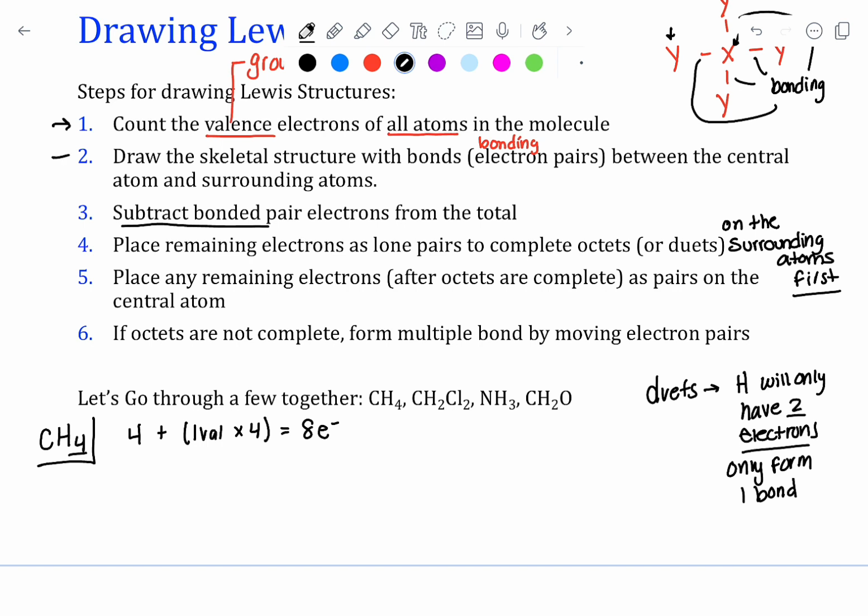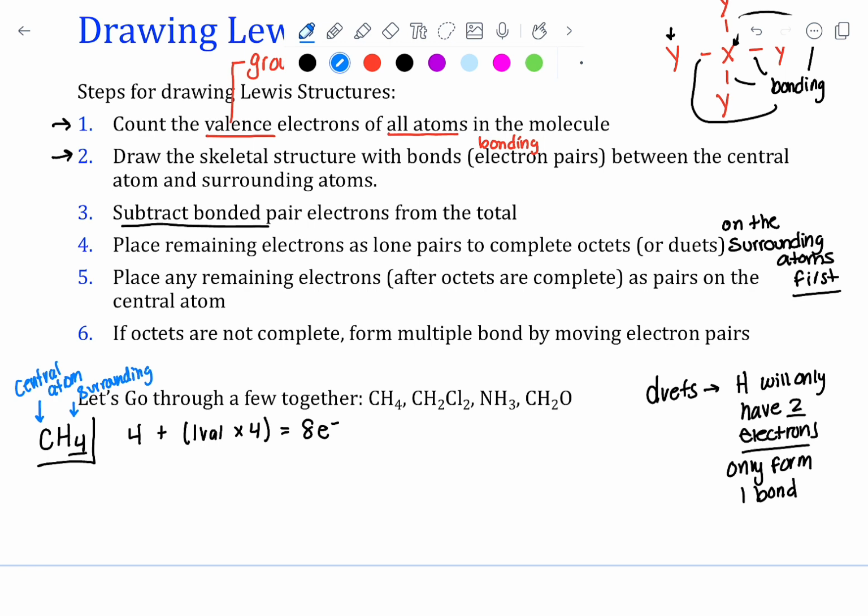Moving on to step 2, draw the skeletal structure with bonds between the central atom and the surrounding atoms. So how do we know what our central atom is? Well, whatever atom is first is our central atom, and whatever atom is second are our surrounding. There are some exceptions to this, and that would be if hydrogen is first.